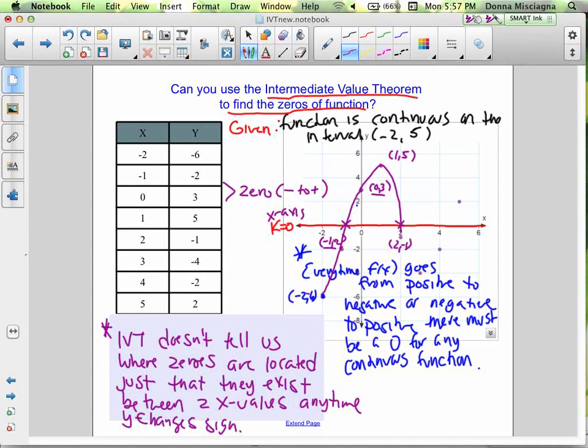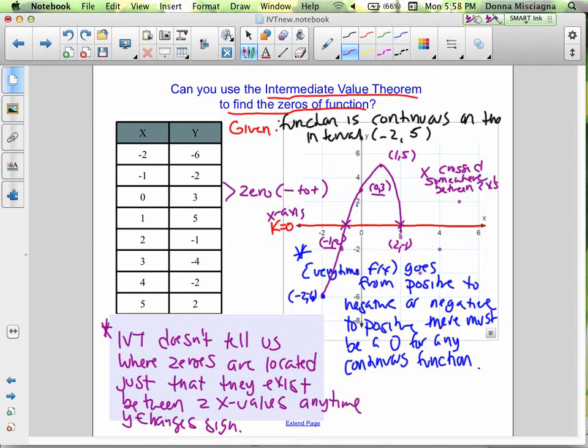So at our x's, we crossed somewhere between the two x's, the one where it was positive and the one where it was negative, or the one where it was negative and the one where it was positive.